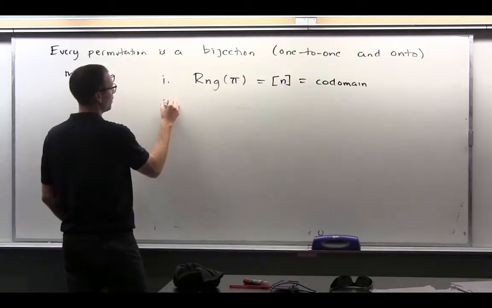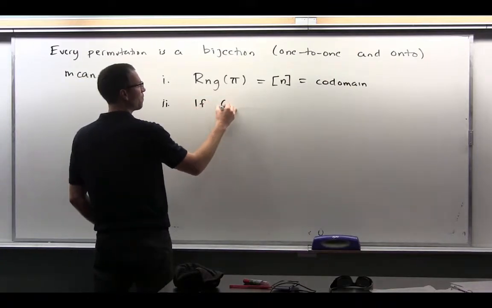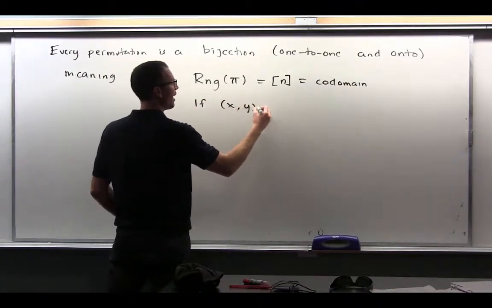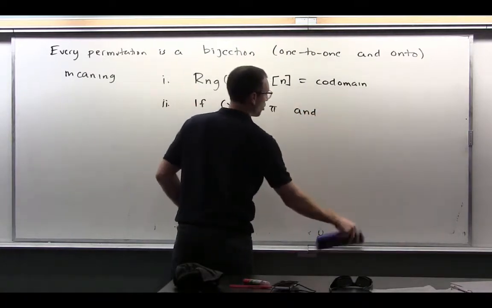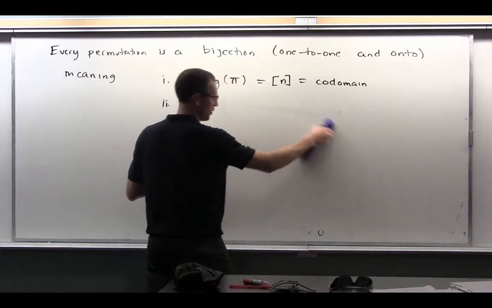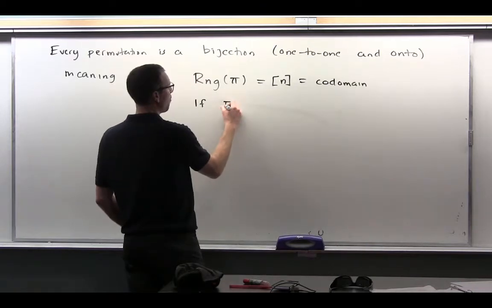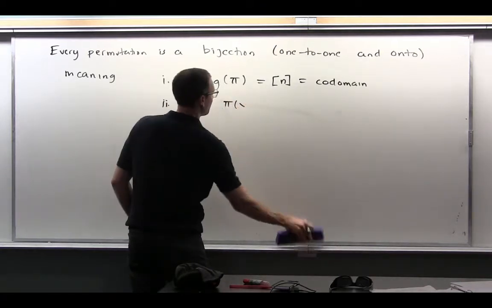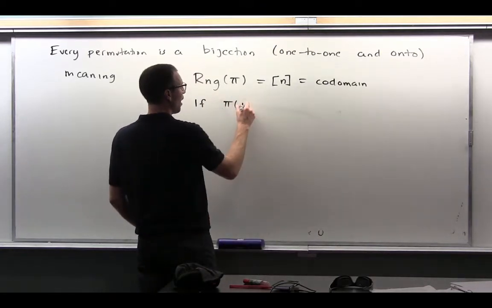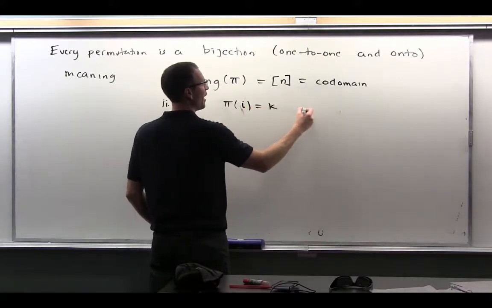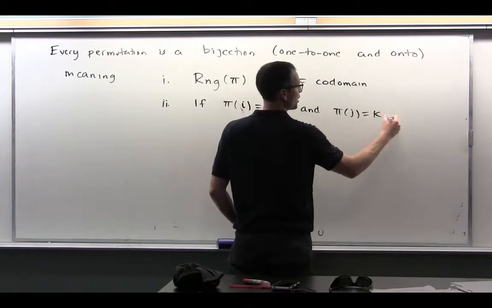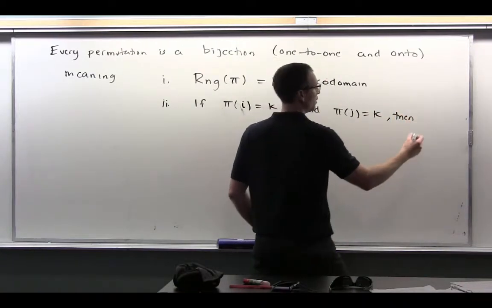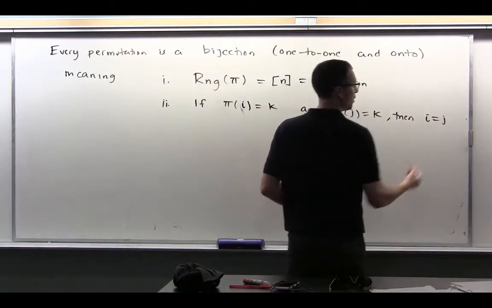and if x comma y is an element of the permutation, I guess I should write it in the way that you're all used to. I'm sorry. If pi of i equals k and pi of j equals k, then what? i equals j.